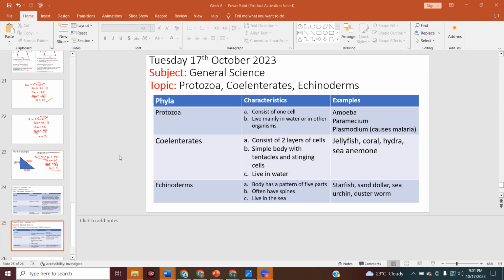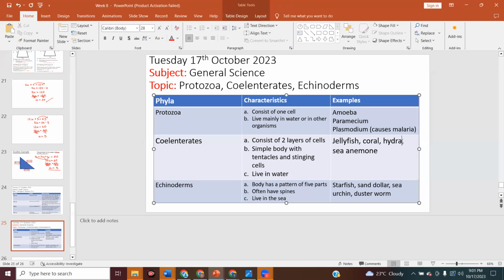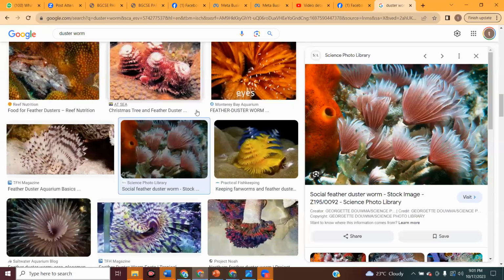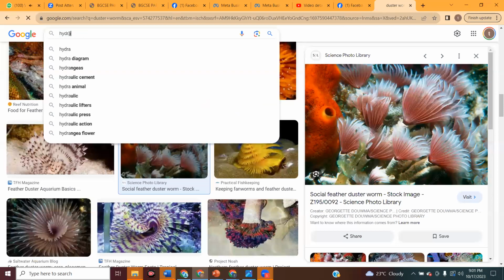Excuse me, Mr. Petit. Go ahead, Andrew. What is a hydra? Okay, I'll show you a picture of it so you can see it. So a hydra is an example of a colenterate. They have stinging cells, so you have to be careful with them.